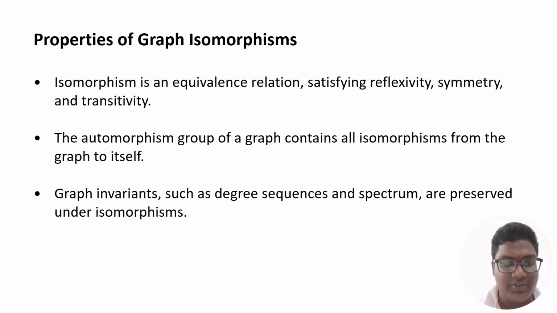The automorphism group of a graph contains all isomorphisms from the graph to itself. Graph invariants such as degree sequences and spectrum are preserved under isomorphisms.